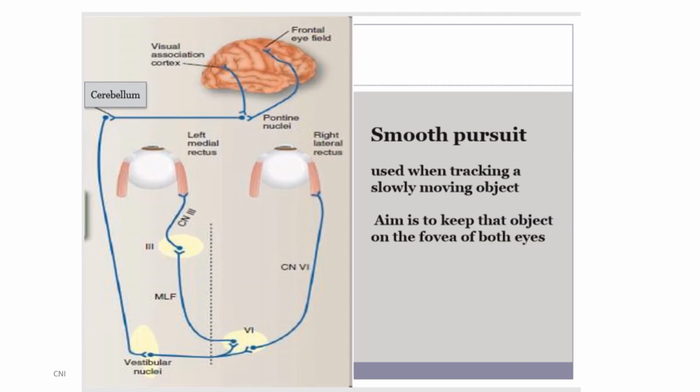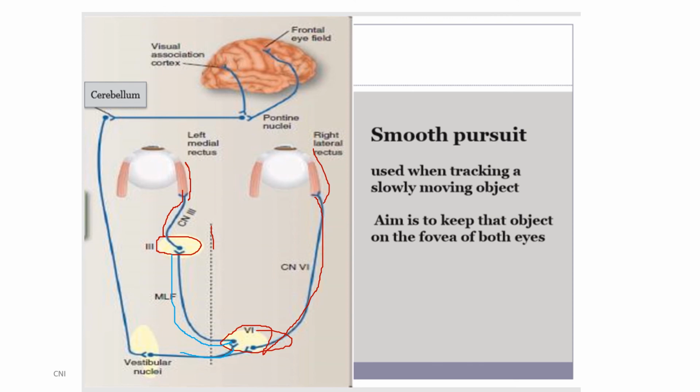Here's a nice picture. We've seen this before of smooth pursuits, and hopefully it's starting to make a little bit more sense each time that we see it. Starting with our familiar picture here, we can see the left medial rectus here, right lateral rectus over here. So left medial rectus, cranial nerve 3, and its nucleus here. And then over to the right lateral rectus, cranial nerve 6, and its nucleus here. We have the dotted line of the midline of the brain here. And what's connecting the two? We know that that is the MLF, or medial longitudinal fasciculus.